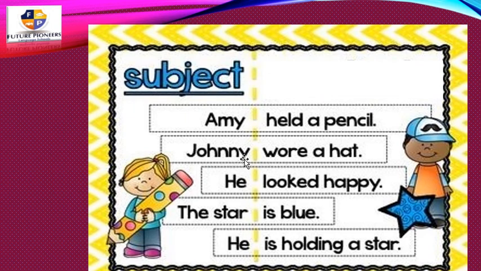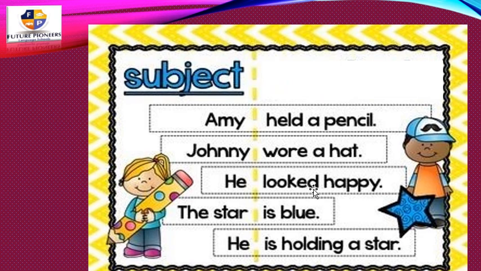Yes, it's Johnny. So Johnny here is the subject. It comes at the very beginning of the sentence. He is the one who's doing this action of wearing a hat, and it comes at the very beginning of the sentence.